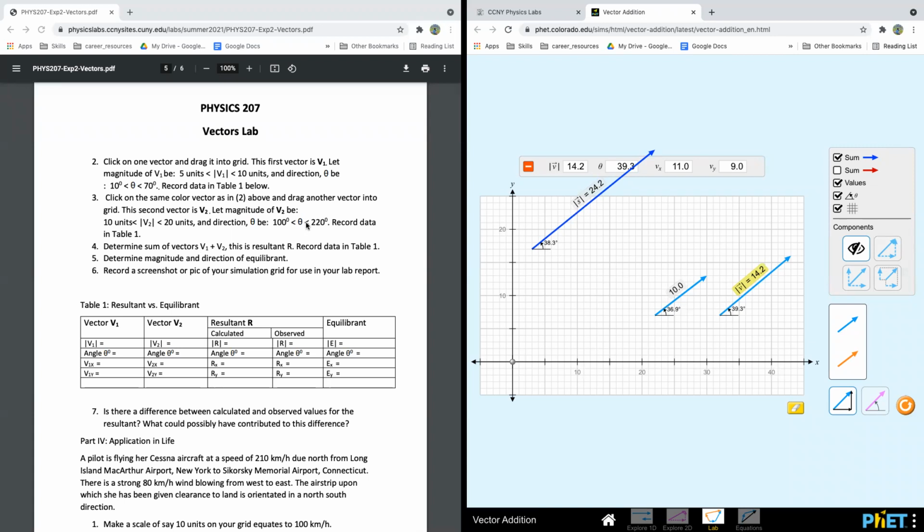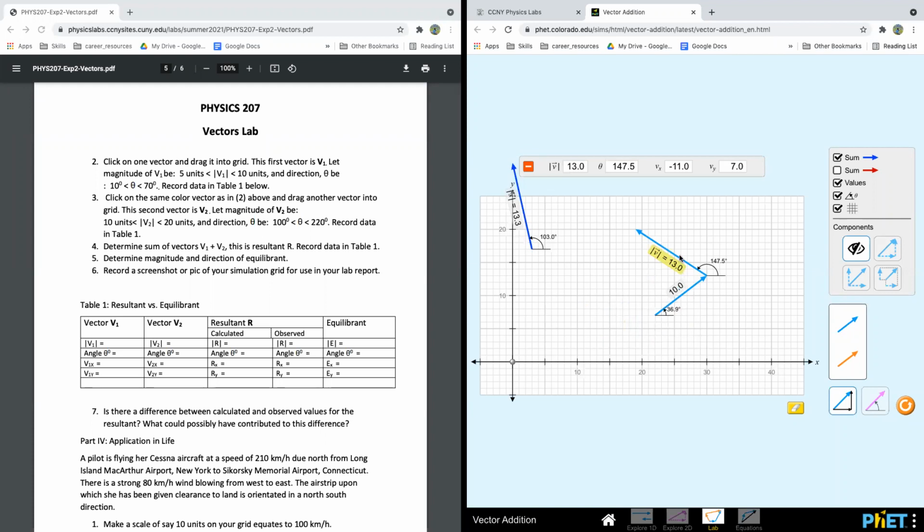And then the theta would be 100 to 220, so it has to be 100. Okay, you just draw two of them, like these two. The dark blue always measures the sum of the light blue vectors, so this is the resultant of these two.